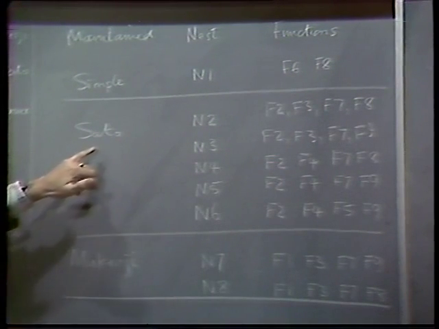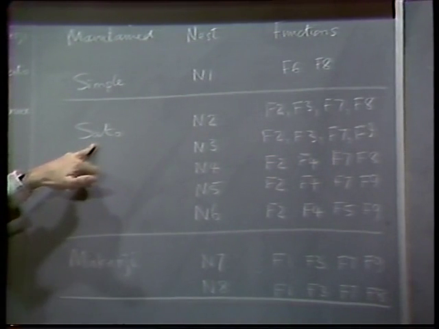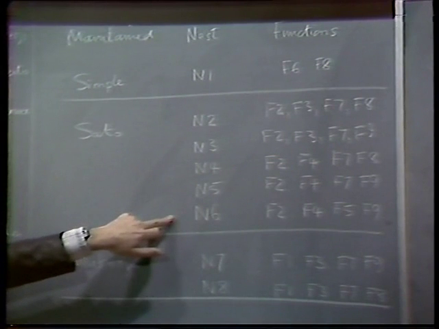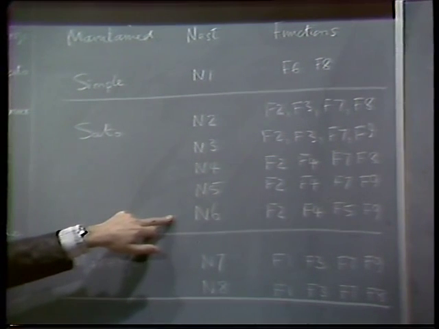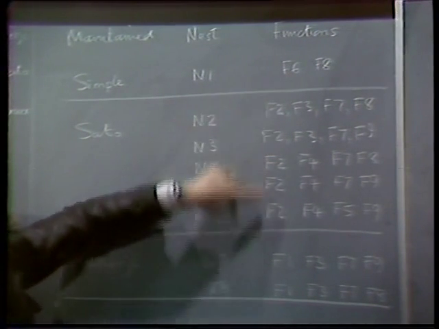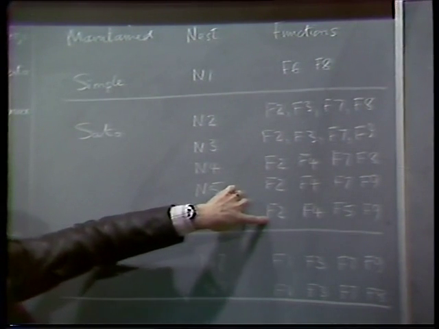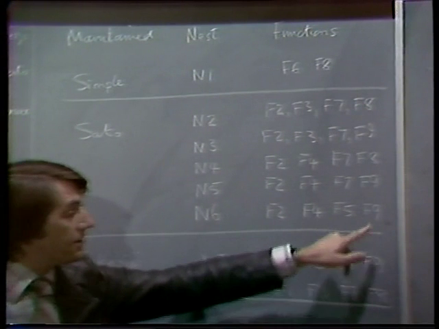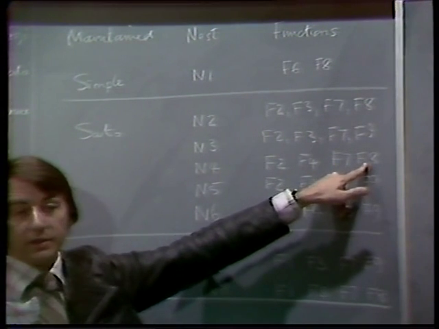When we come to the Sato function, we have in fact got 5 possible nests. In other words, 5 routes of moving from F2 through to one of the 2 versions of the Cobb-Douglas production function, either F9 or F8.